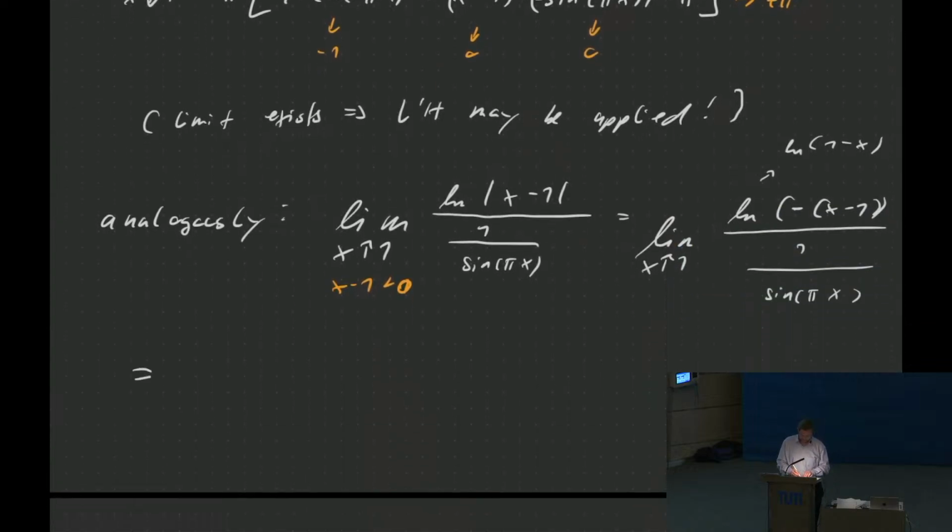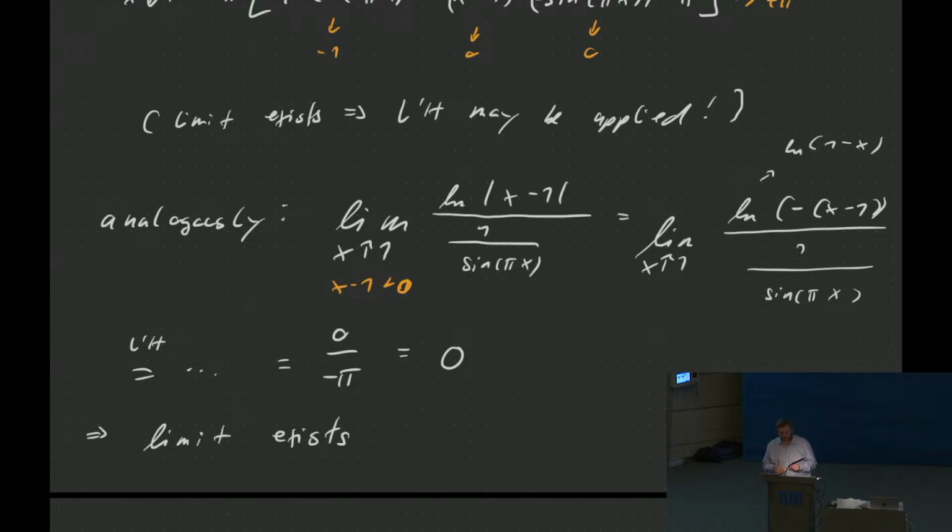What will happen? I'll spare you all the details. Basically the same calculation that we've just seen above. What we get is a limit of 0 over minus pi. So again, 0. So that means both one-sided limits exist and have the same value.